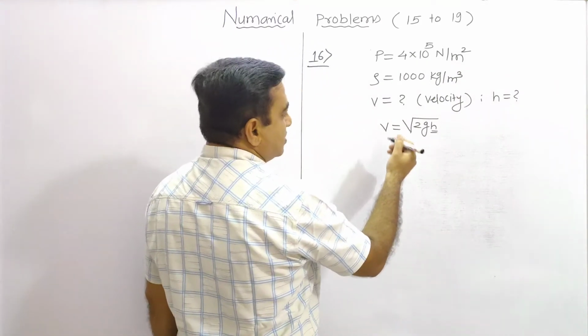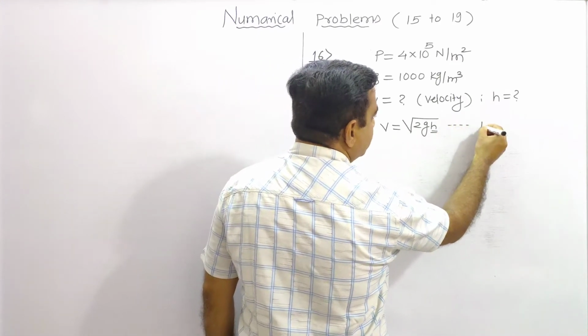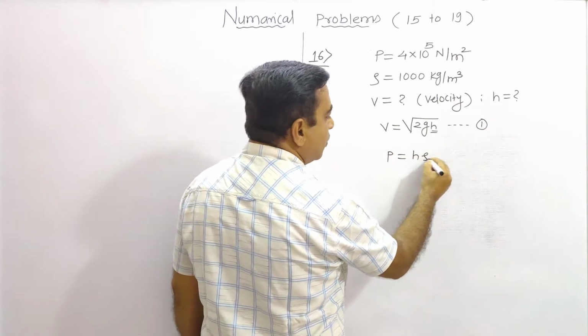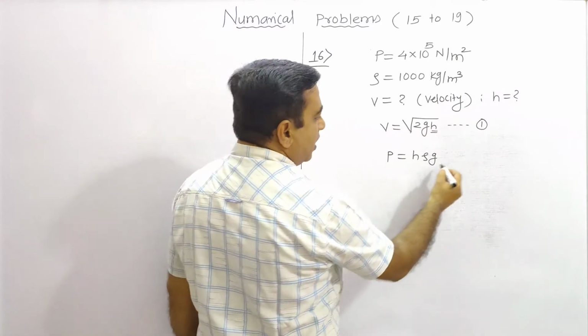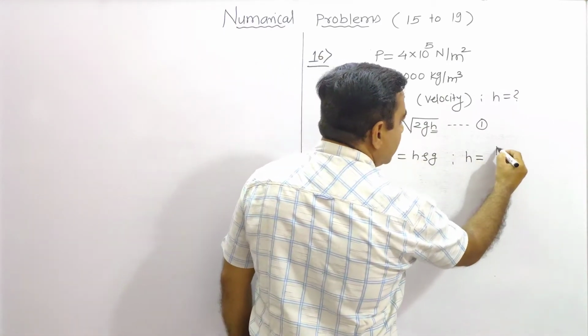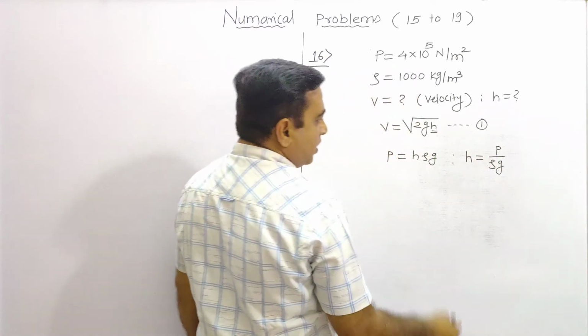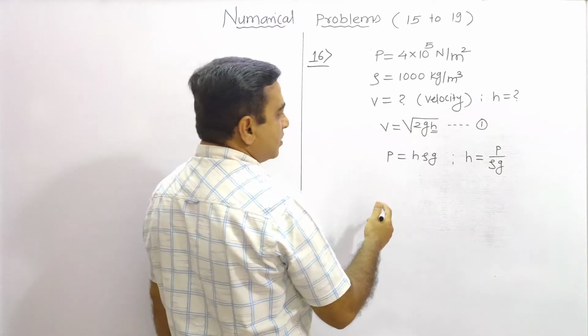Now, before starting, if this is equation number 1, we know that P is equal to h rho g. And from this equation, h is equal to P upon rho g. This h value we need to substitute in this equation so as to get the answer.